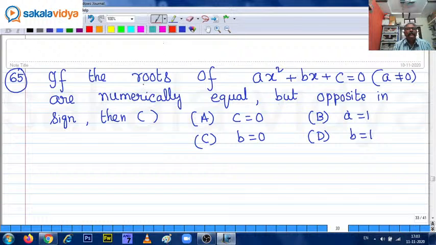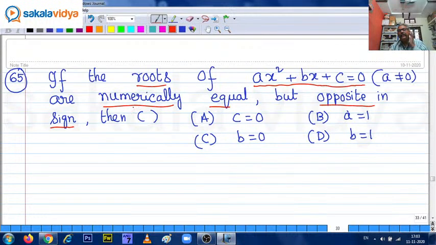Right. The roots of ax square plus bx plus c is equal to 0 are numerically equal but opposite in sign. Numerically equal but opposite in sign means they are additive inverses. Here hint, roots are alpha comma minus alpha.